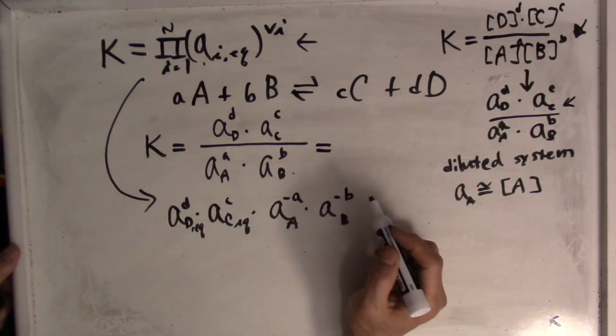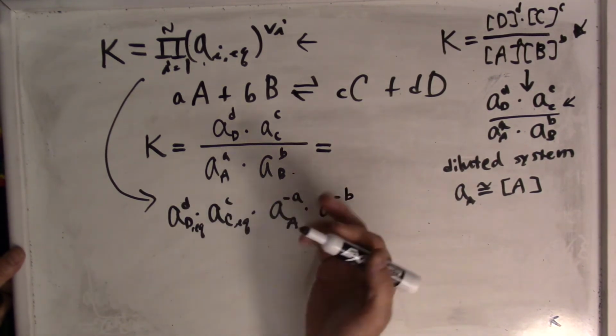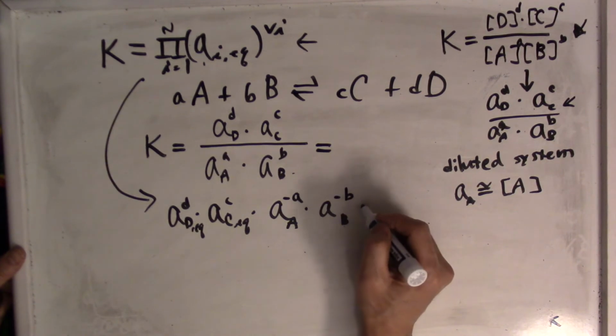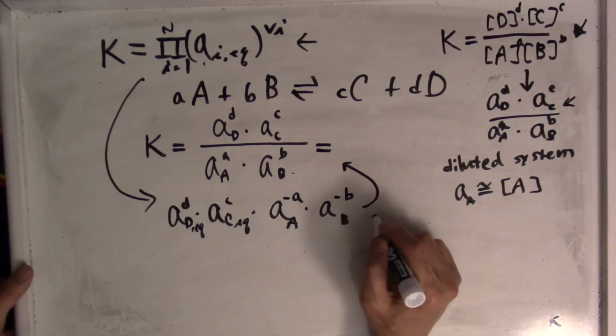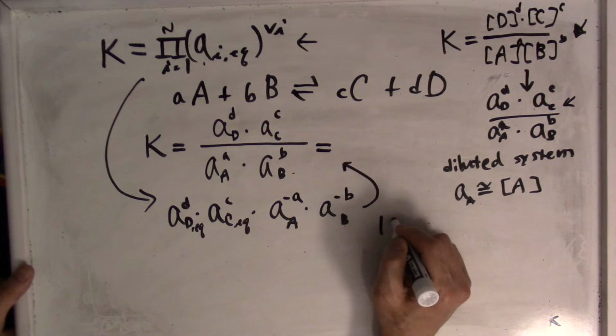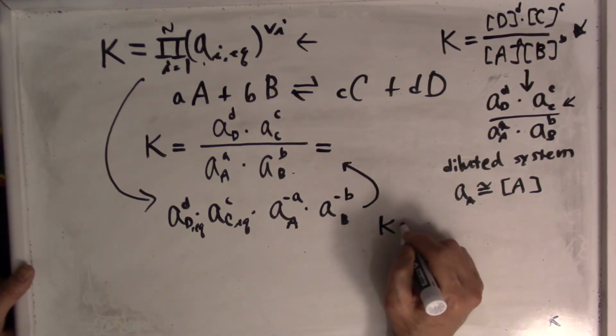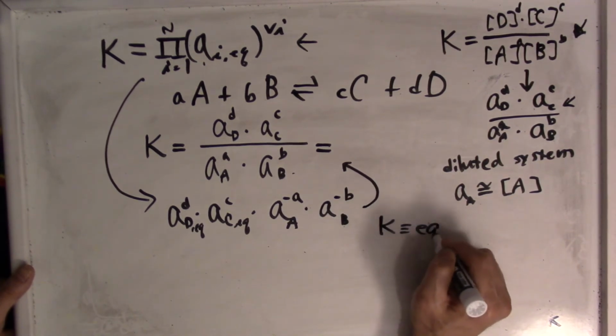The minus goes to the denominator, so it ends up being this. Keep that in mind. So this is the equilibrium constant.